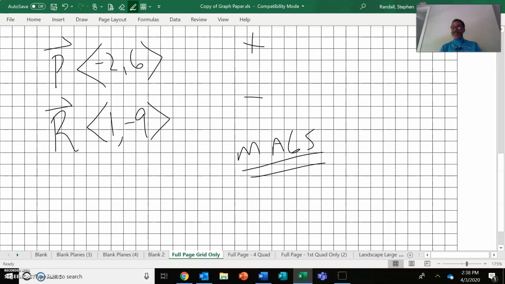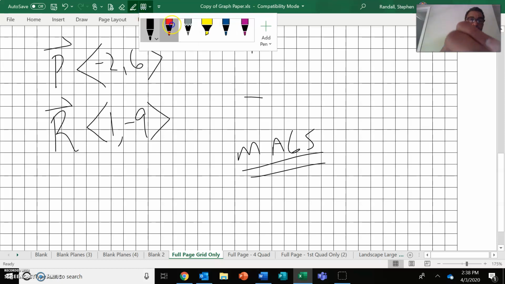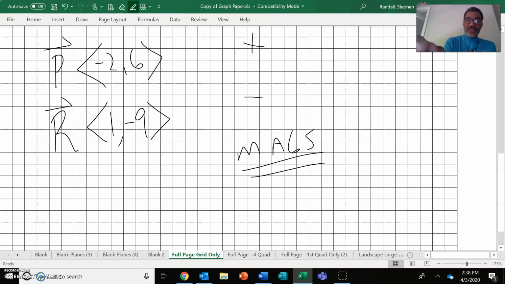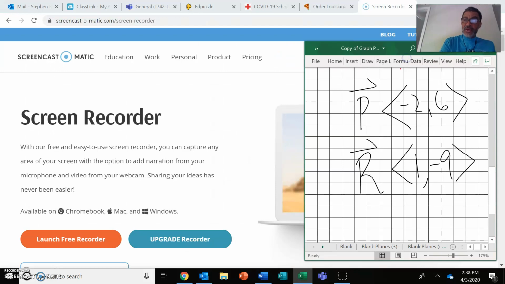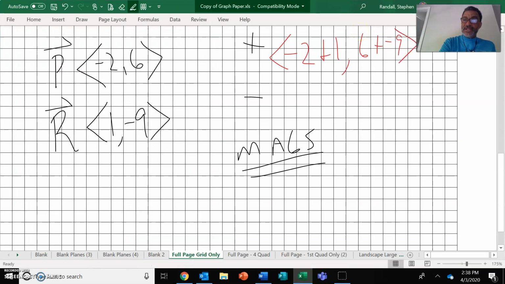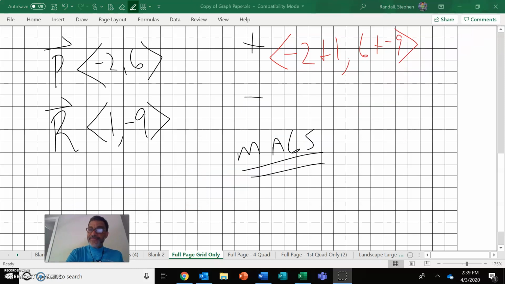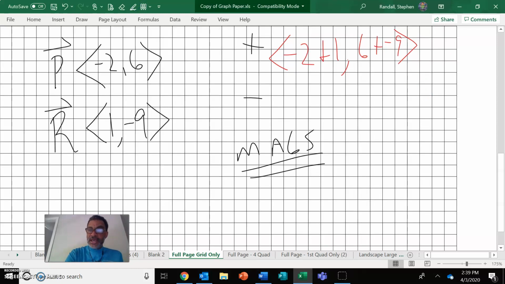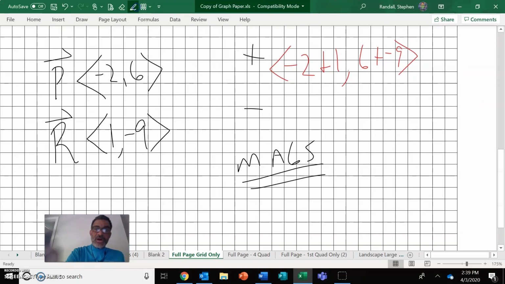Okay? To add them, of course, we add the components. So this would be negative 2 plus 1 and 6 plus negative 9. And the sum is 4 and negative 8.